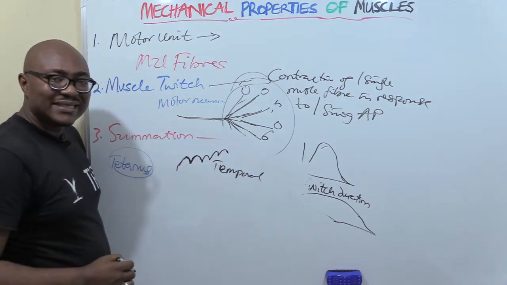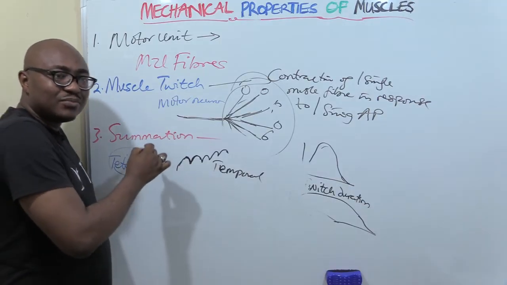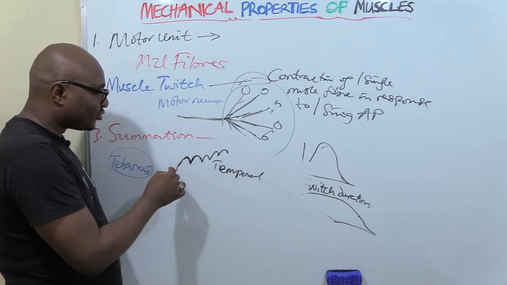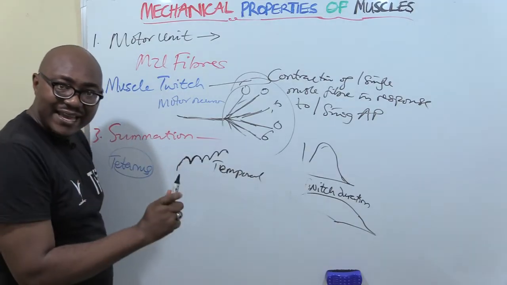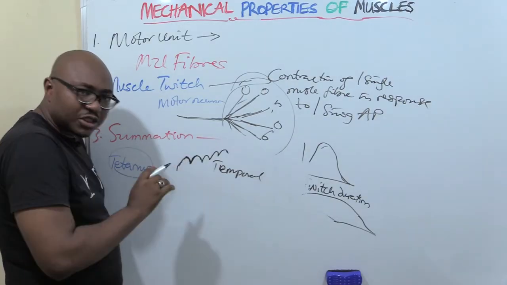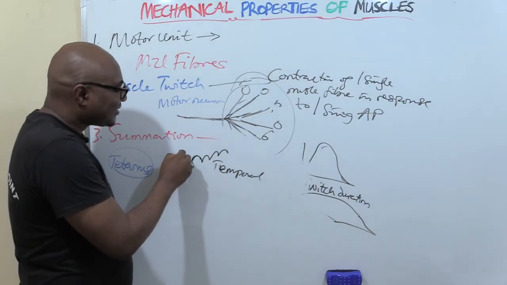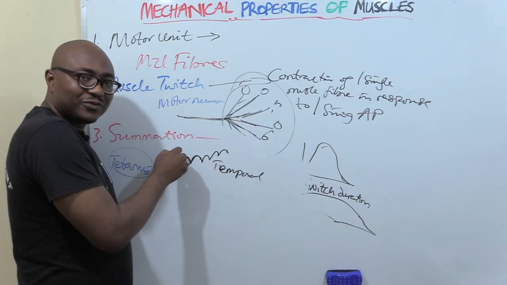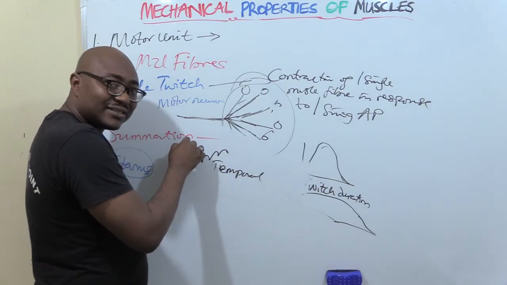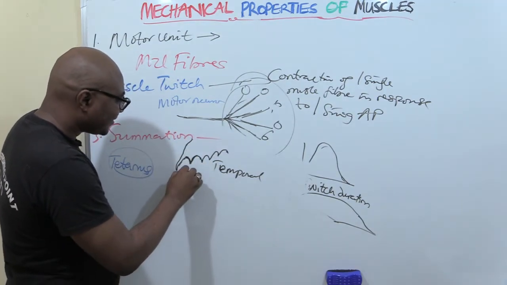Now what happens in tetanus is that the frequency of successive contraction is so high that it doesn't even start relaxation at all. One contraction has started, it doesn't start the process of relaxation before another one adds up, and another one adds up. So it goes like this, straight.